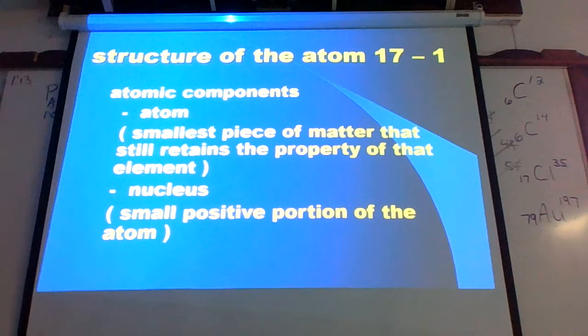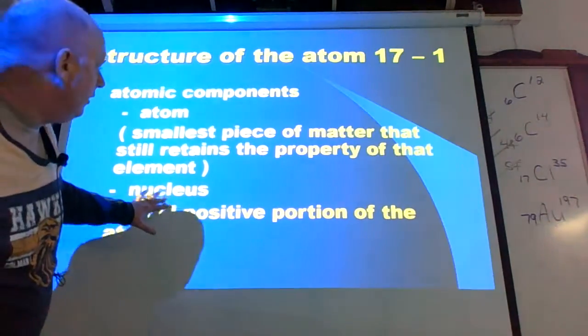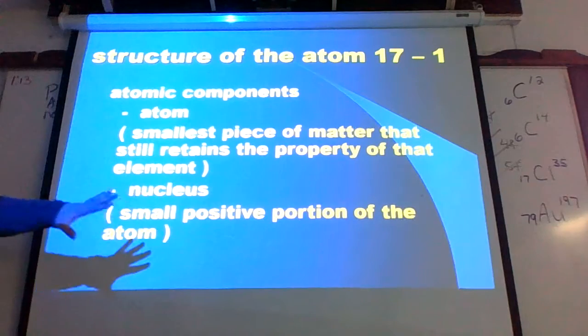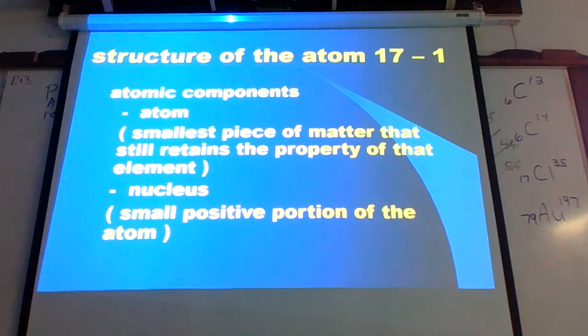Okay, so as we look at this, the nucleus of an atom is a small positive portion of that atom. It used to be theorized that the atom had the proton, the neutron, and the electron all in the same area. Of course, that's incorrect because we know and illustrated yesterday that the electron circles the nucleus in a structure called the what cloud?